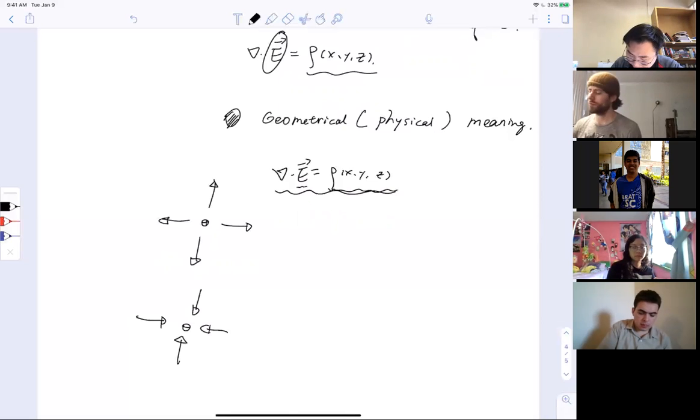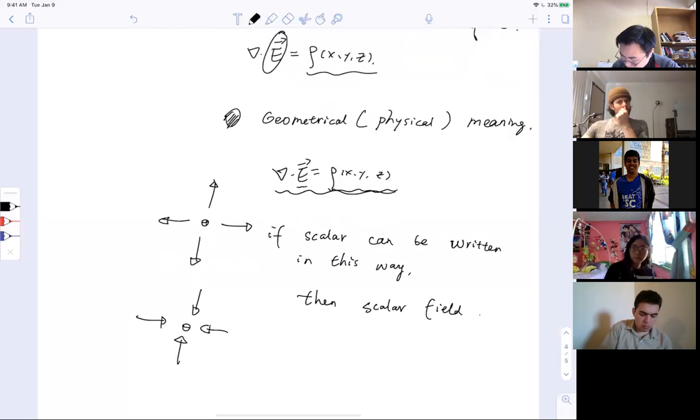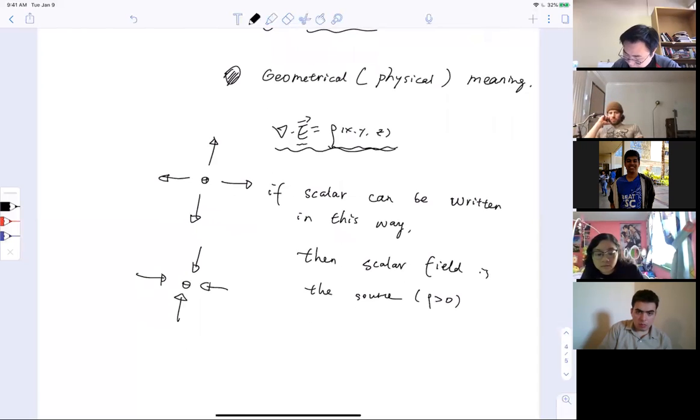So if the scalar field can be written in such a way, then this scalar field is the source if rho is positive.